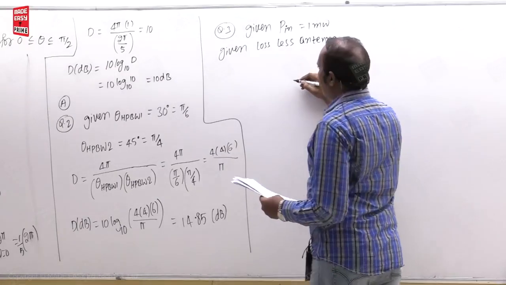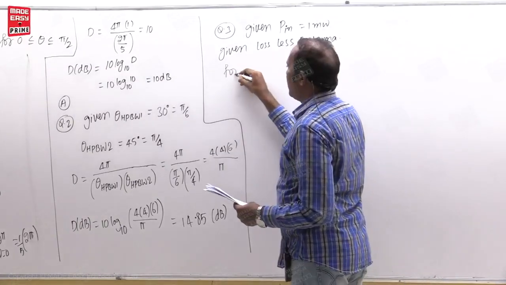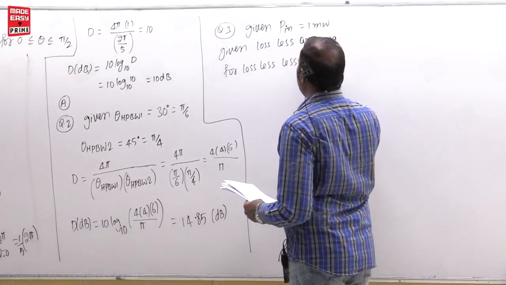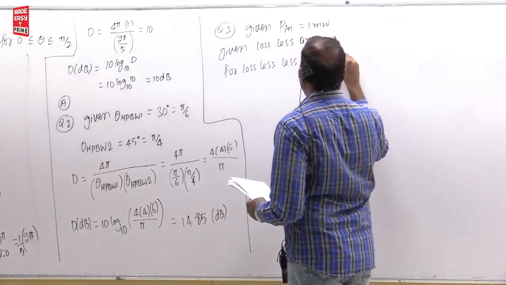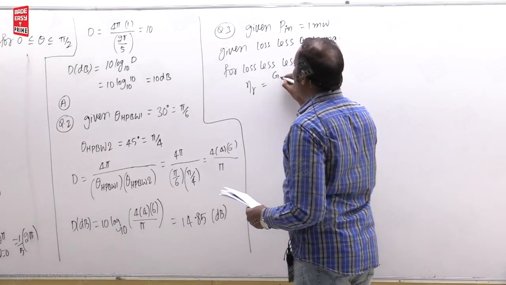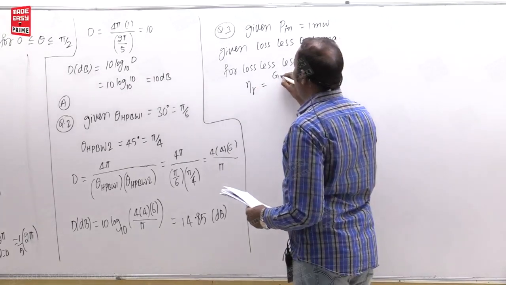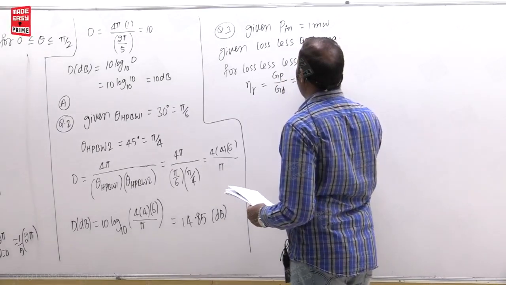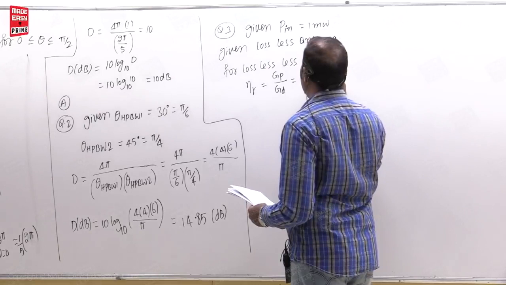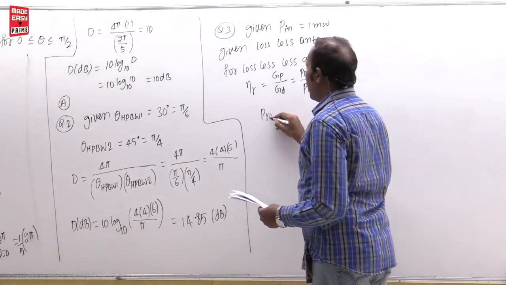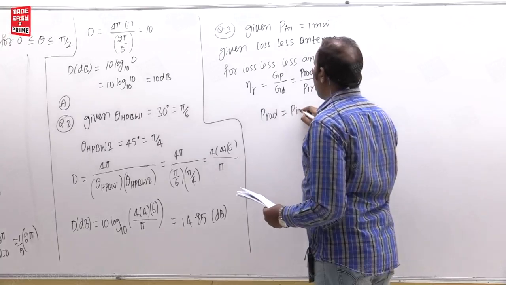For a lossless antenna, radiation efficiency is equal to power gain divided by directive gain, that is nothing but power radiated by power in, which is equal to 1 for a lossless antenna. So power radiated is equal to power in.